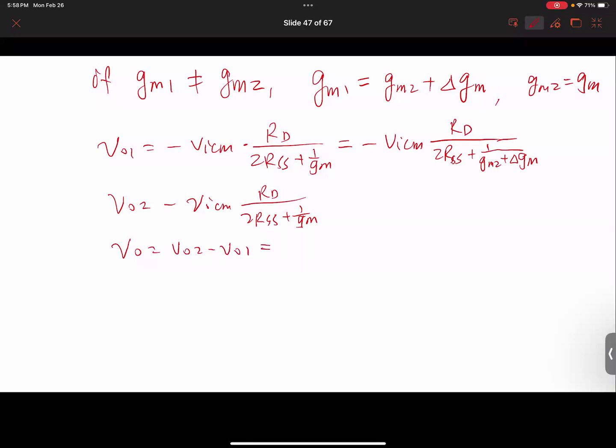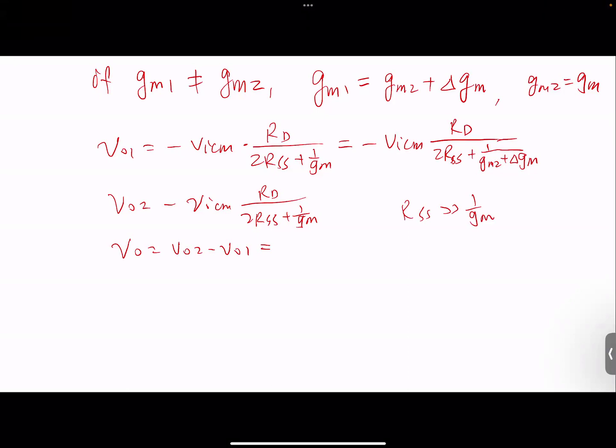And you can see now, the little problem over here is that delta GM is on the bottom, and you can do a bunch of manipulations, but eventually, because RSS is much larger than 1 over GM, what you get is this.